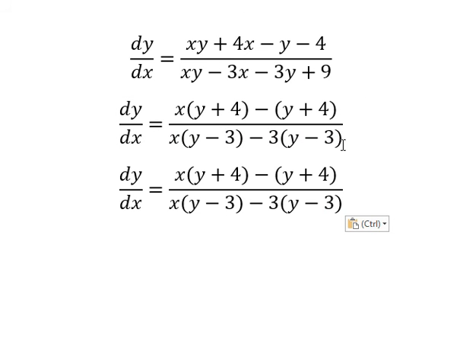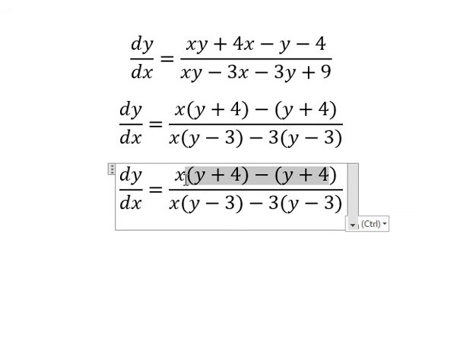Next, we can do another factorization by y+4. We can do another factorization by y-3.